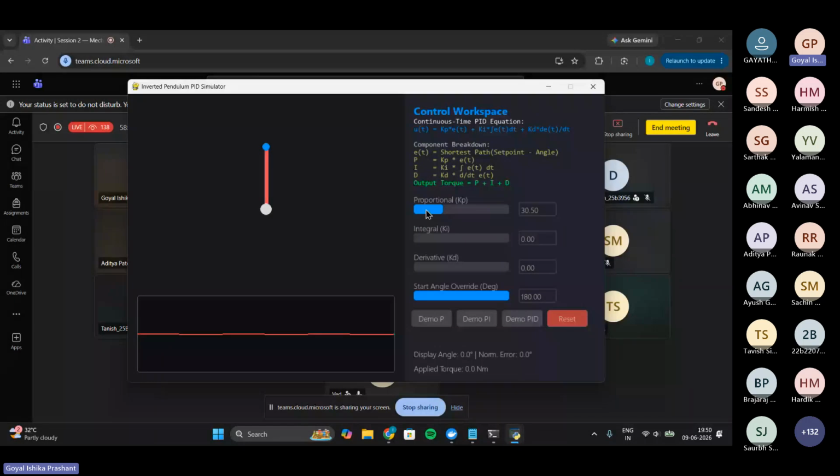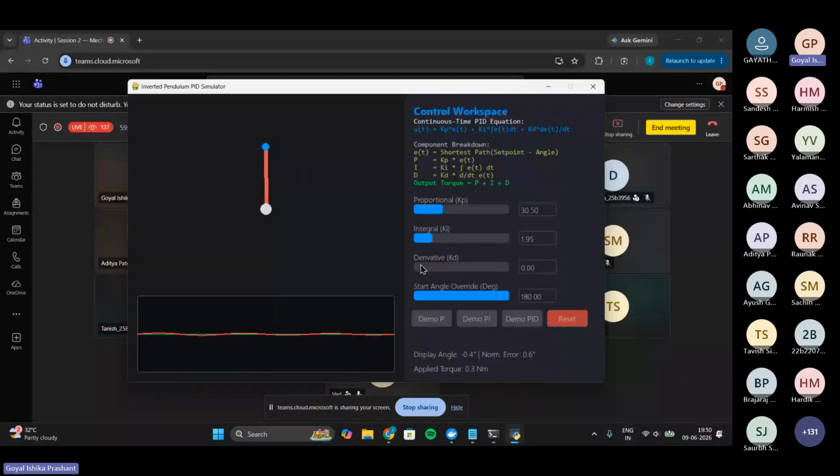Now, let's say we introduce some integral control. Now, in this example, what integral control did was because it was integrating all the error over time, it still caused the overshooting problem to happen because since the output was so huge, it kept overshooting the reference point.